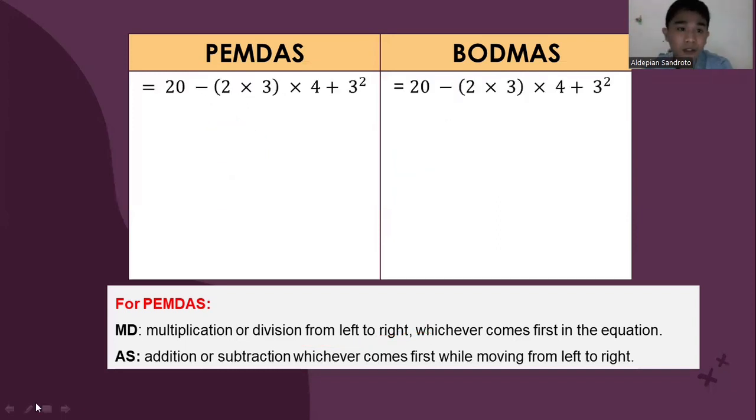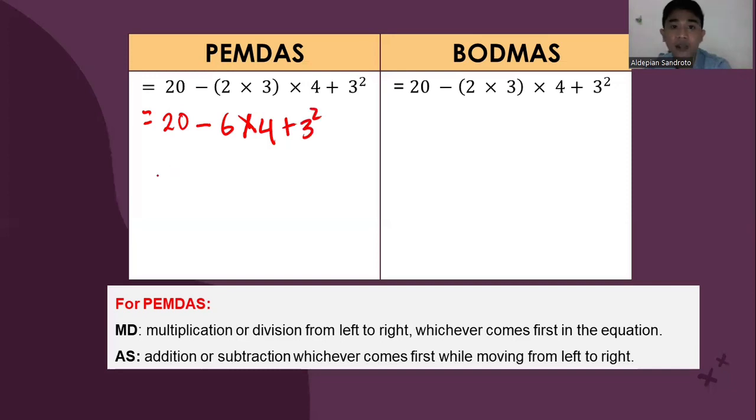Okay, so here is the next example: 20 minus the number in the brackets, 2 times 3, and then times 4 again, and plus 3 squared. We start by solving the number in the brackets, which is 2 times 3 equals 6, times 4, and then plus 3 squared.